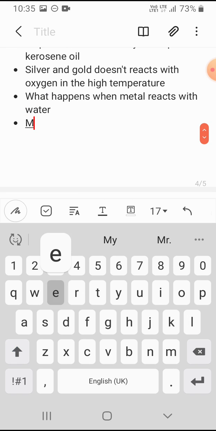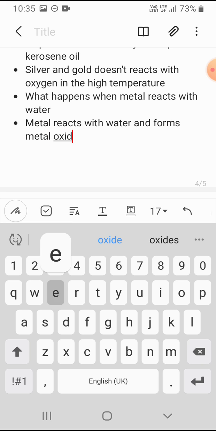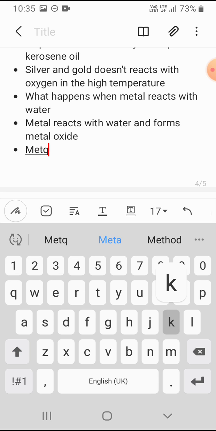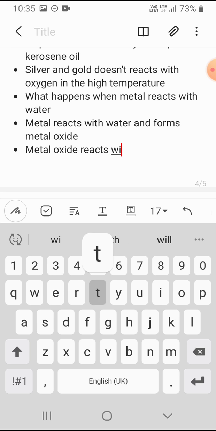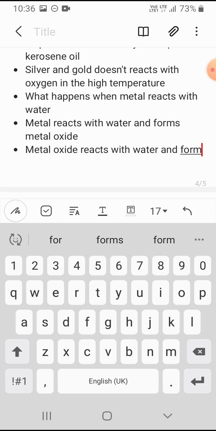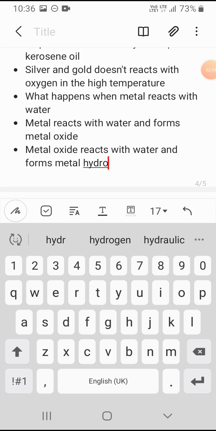So metal reacts with oxygen, and reacts with water, and forms metal oxide. Also, metal oxide reacts with water and forms metal hydroxide.